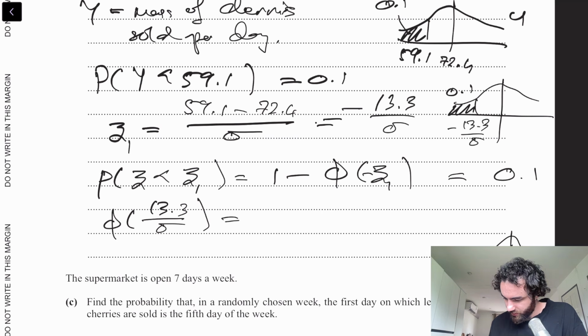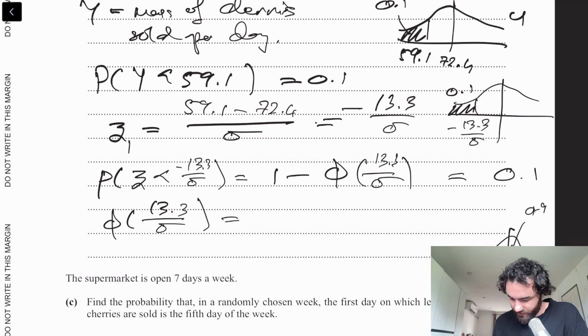So this thing is minus 13.3 over standard deviation. 1 minus that gives us the same area. So this thing will be 0.9 of 13.3 over sigma.